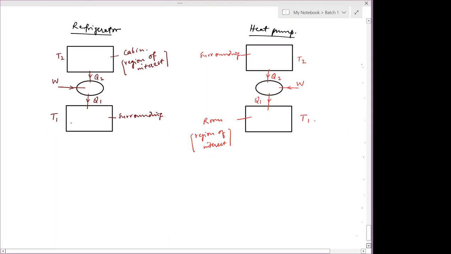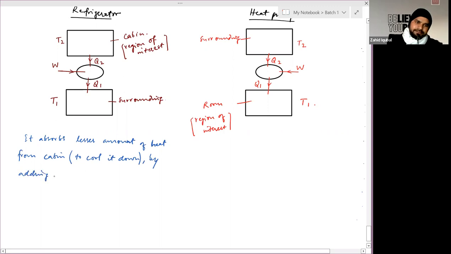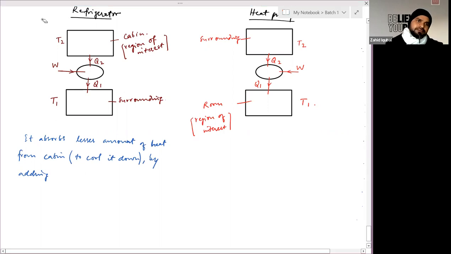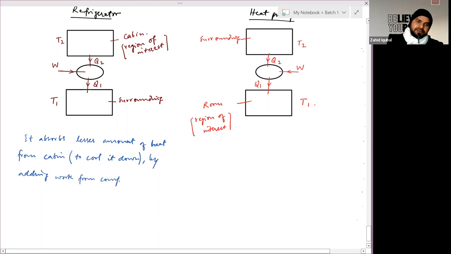Yes, sir. So in case of a refrigerator, we can say it absorbs a lesser amount of heat from the cabin to cool it down by adding work from the compressor.